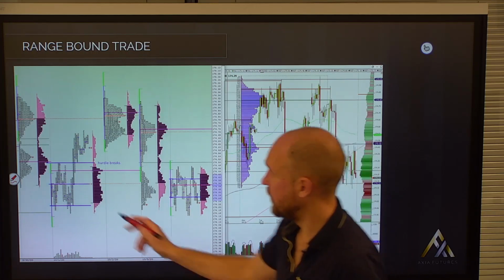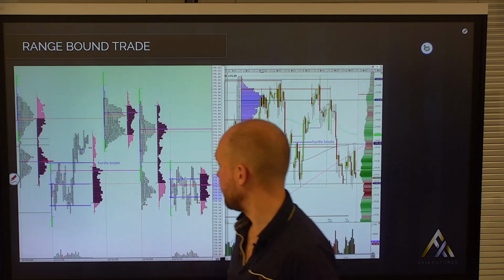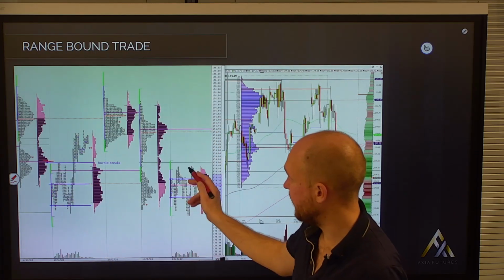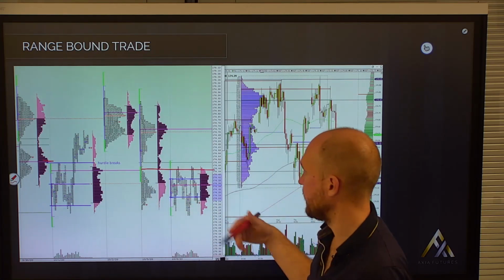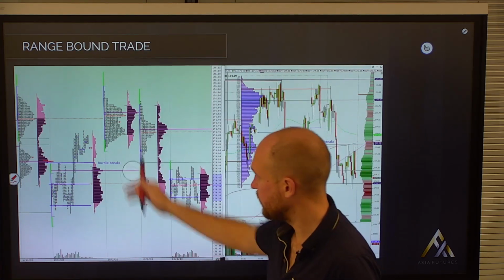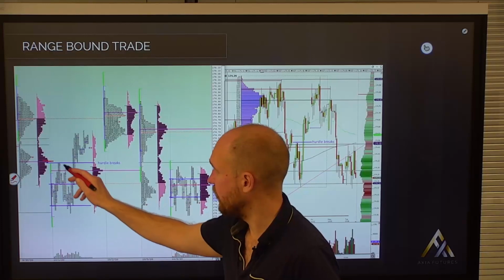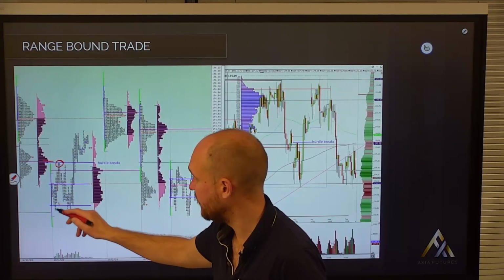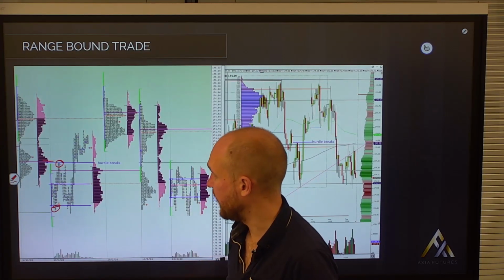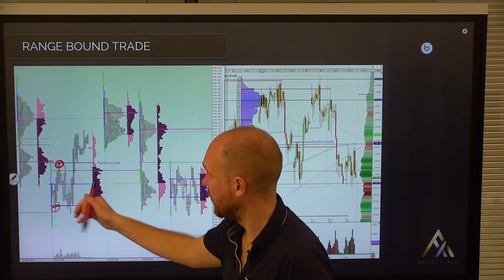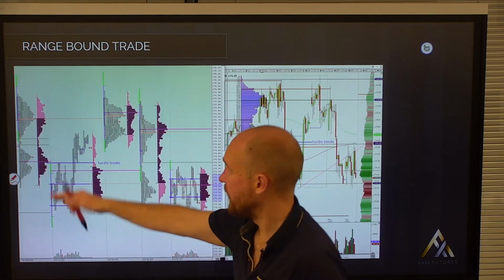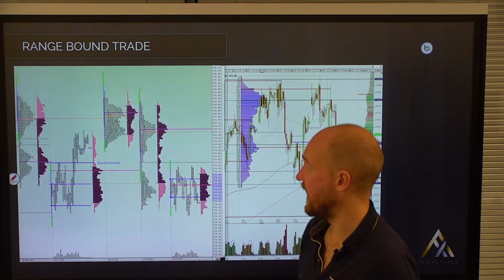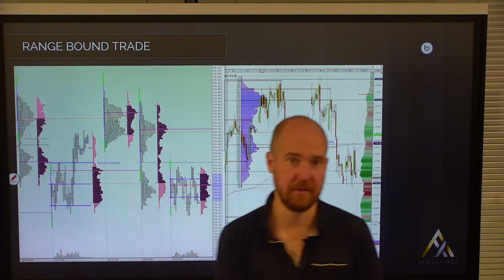We bounced back up to previous VPOC. In this case, yesterday, it was bounced back up to previous resistance on single prints. And that establishes your hurdle. So at this point, we've now had initial balance break down, initial balance break up. There's your hurdle. This is looking like a range-bound day until you get above that point.